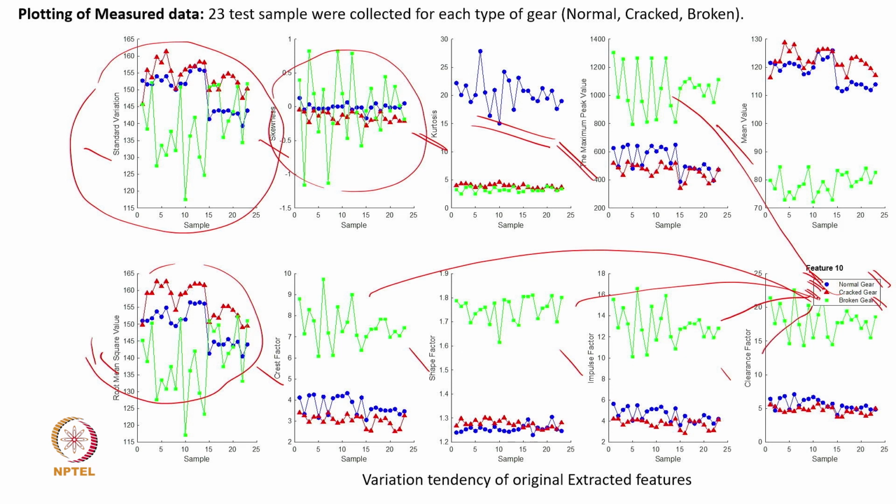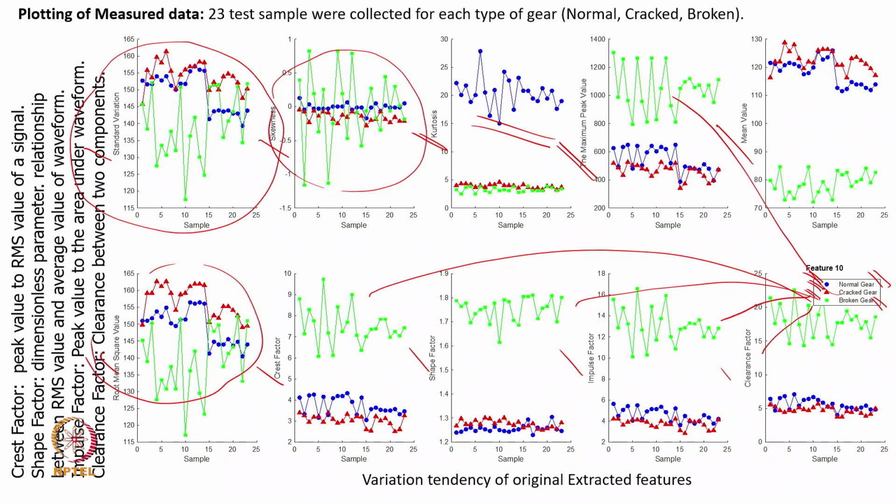That means we need to think about whether we really require all these features to be selected, so that in future we do the analysis based on that. So that's why they say that crest factor is important, shape factor is important, impulse factor is important, and clearance factor is important. So we consider those factors for the analysis.